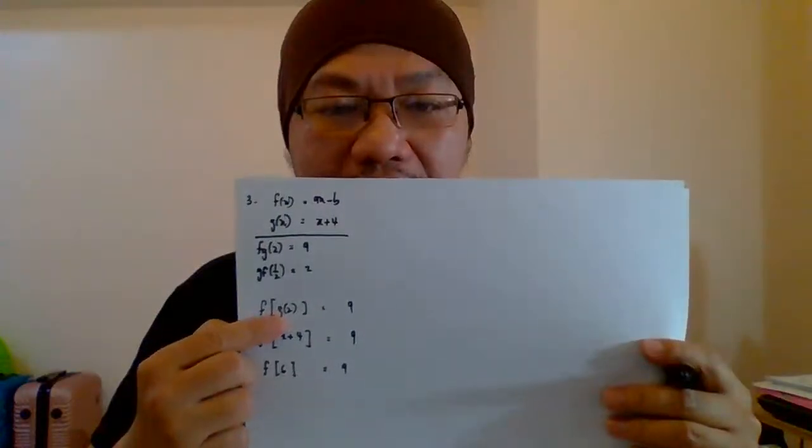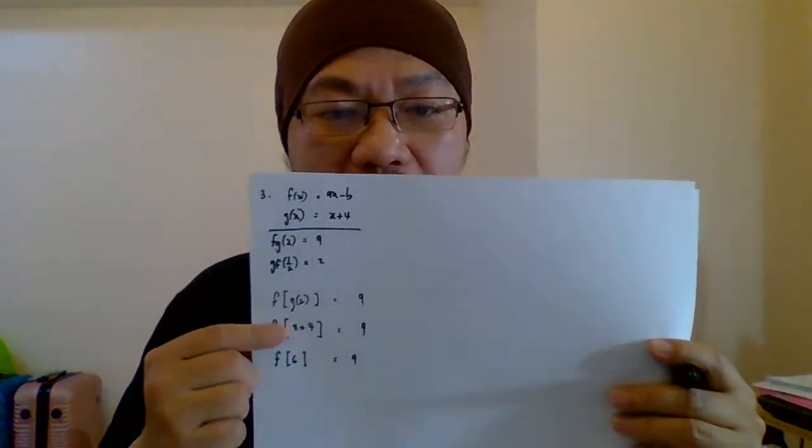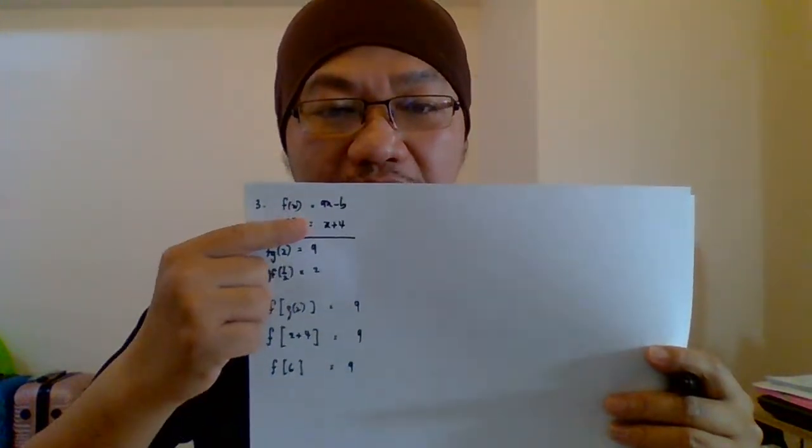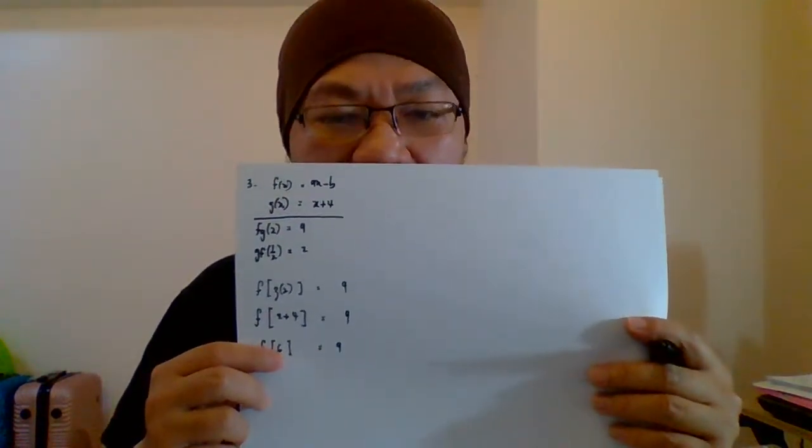So now, second method, fg(2) equals to 9, we solve the problem by replacing 2 inside the function of g. Now g is x plus 4, now x we change into 2, it becomes 2 plus 4, which equals 6. So 6 now becomes the object for f.